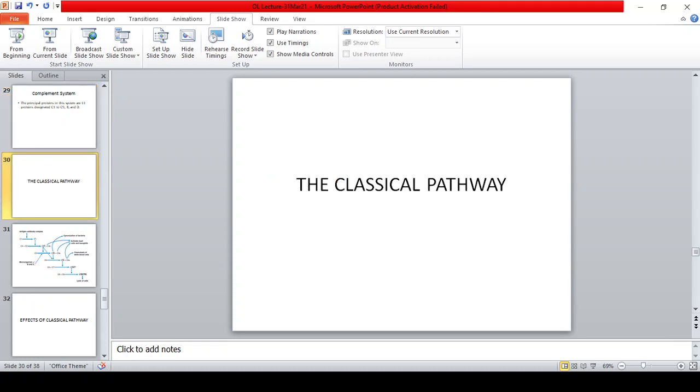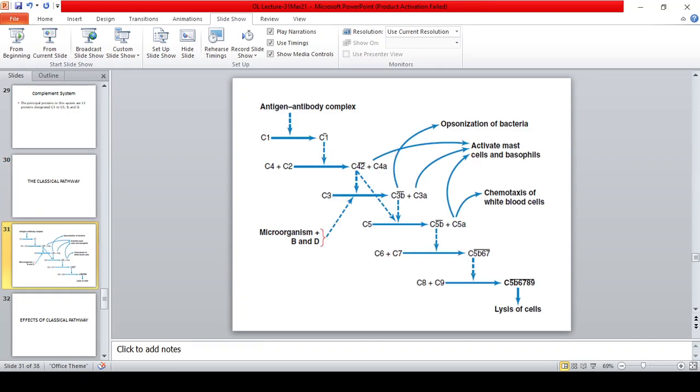Now, the classical pathway is basically initiated by the antigen antibody complex. Now you can see in this figure that when an antibody binds with an antigen, a specific reactive site on the constant portion of the antibody becomes uncovered, and this in turn binds directly with the C1 molecule of the complement system.